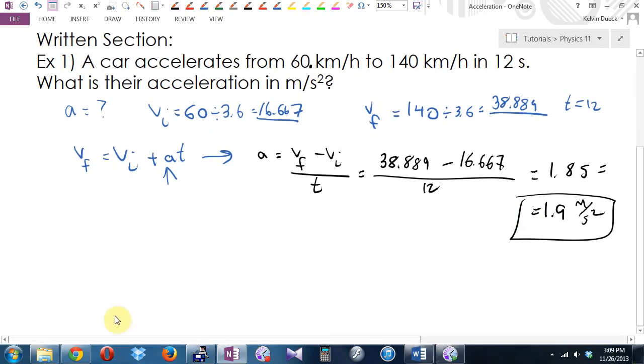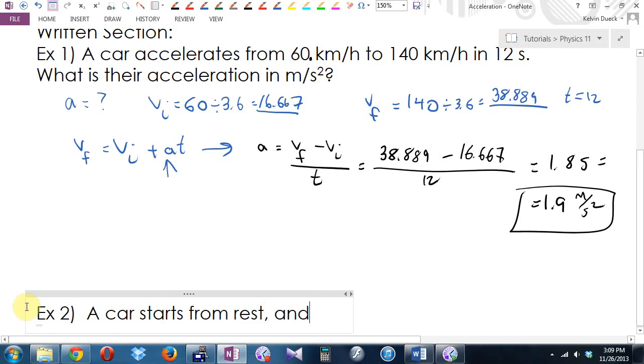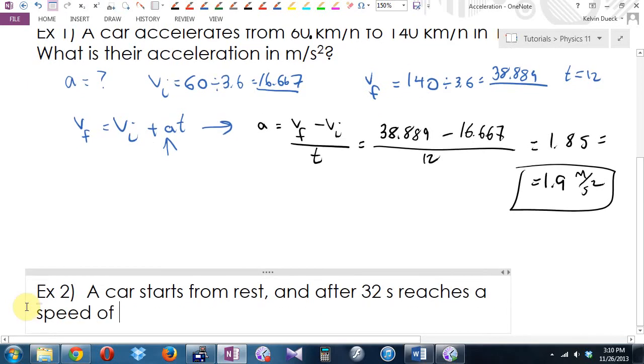How about something like this? Example 2. A car starts from rest, and after 32 seconds reaches a speed of, oh heck, let's have this sucker really going fast, 82 meters per second.